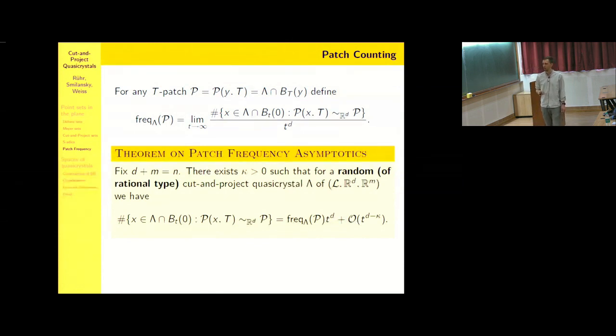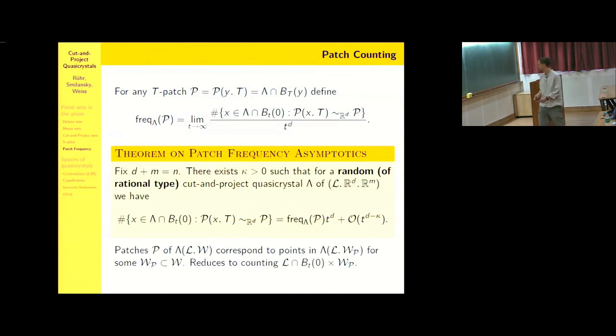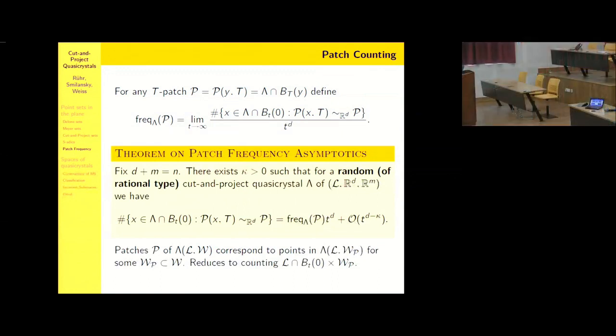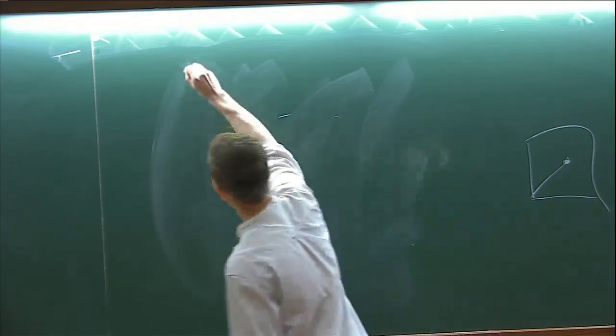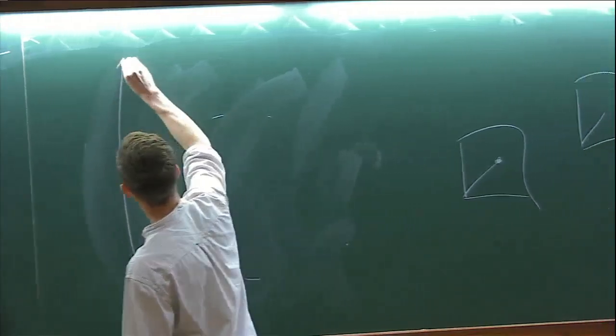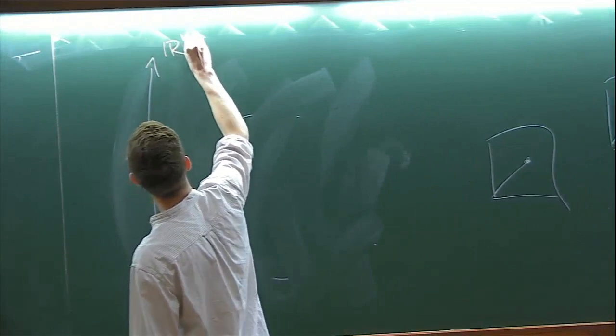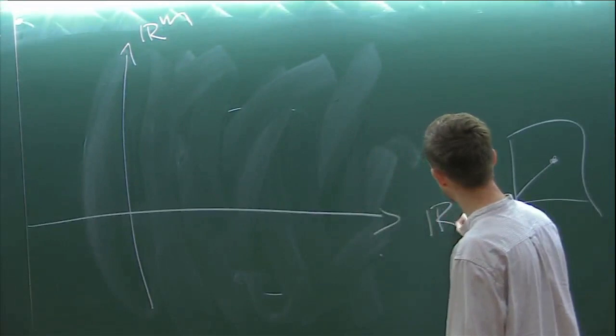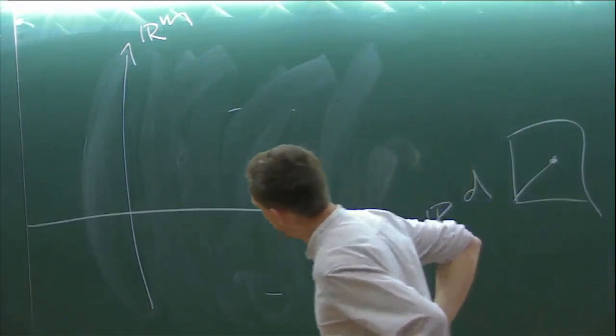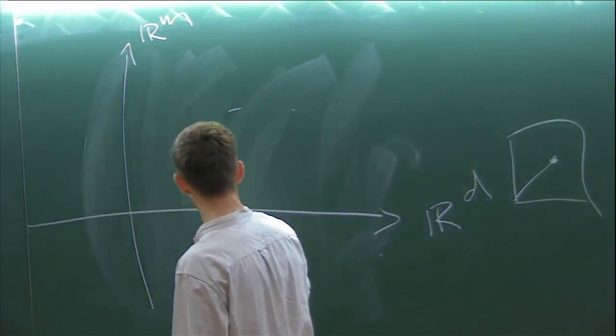The point being that counting the patches is the same as counting points in the cover. So maybe I have a second picture. Here's the internal space, that's physical space, and I see here some patch.